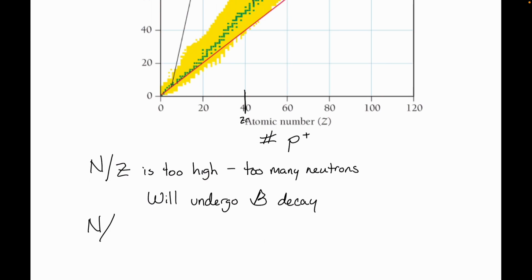If we're below that green line, if our N over Z is too low, then we got too few neutrons.